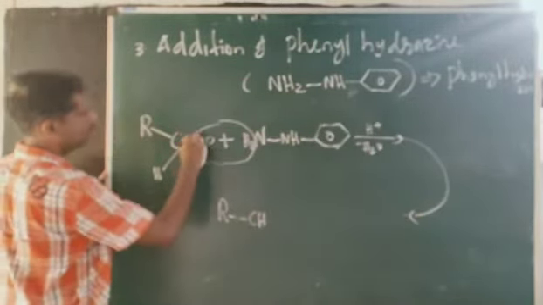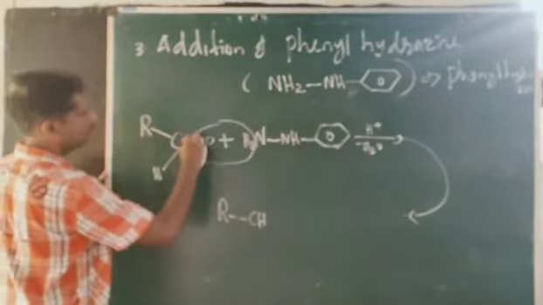Example: R-CH=O, any aldehyde or any ketone, reacts with 2,4-DNP, NH2-NH with a ring, and NO2 here and also NO2 here. In the presence of mineral acid, H plus, minus H2O. H2O is eliminated, and what we get is R-CH=N-NH with the ring. That is known as 2,4-dinitrophenylhydrazone.